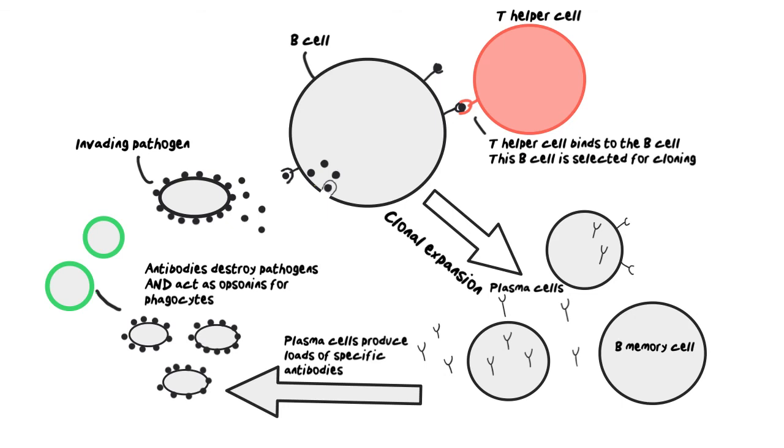One, the antibodies can just destroy the invading pathogens. Two, they can also act as opsonins. They'll bind to the cell surface of the pathogens. They'll act as opsonins, signaling to phagocytes to come in and to destroy the invading pathogens through phagocytosis.